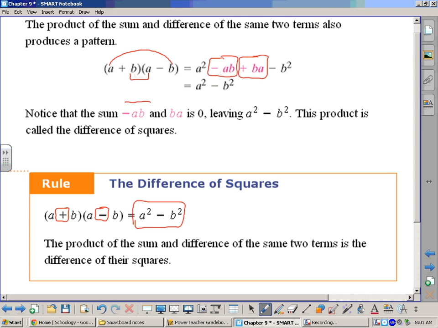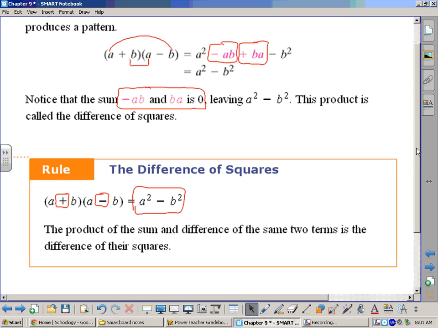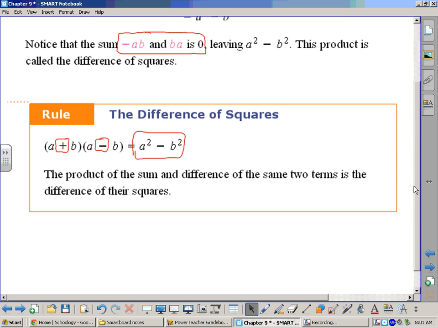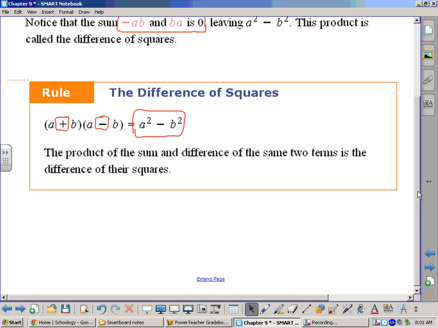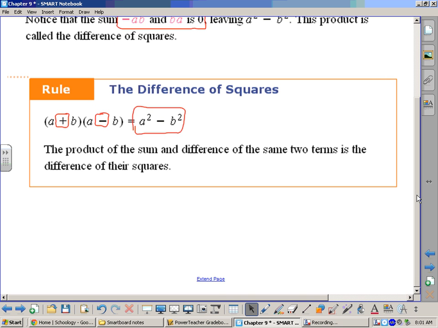And when that happens, when we have that sum, the middle term ends up being 0. So we just get a squared minus b squared left as the product. It's best just to go ahead and FOIL it out like you did yesterday or today in class, and then you can work with it and see that it just eliminates.